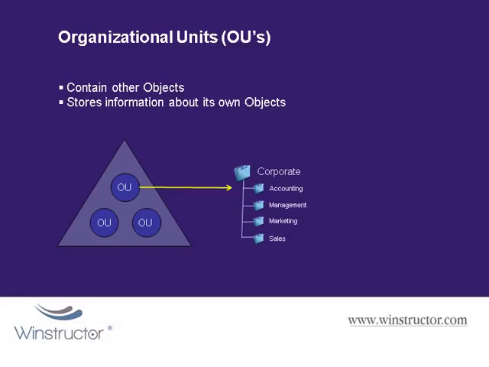So for example, here we've created an OU called Corporate, where we can create and store user accounts. Now in order to be able to structure our organization, we're able to create other OUs underneath our parent Corporate OU, such as the accounting department, marketing, sales, and so on, and we can build our OU structure to mirror our company structure.